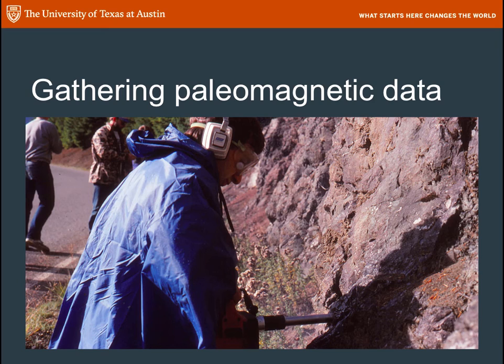And of course, we know that the North Pole doesn't move, so if the magnetic north is pointing to somewhere other than the North Pole, then the continent itself has to have moved. So this is a picture of a guy collecting coring data from a rock outcrop in order to determine the paleomagnetism of this particular rock.